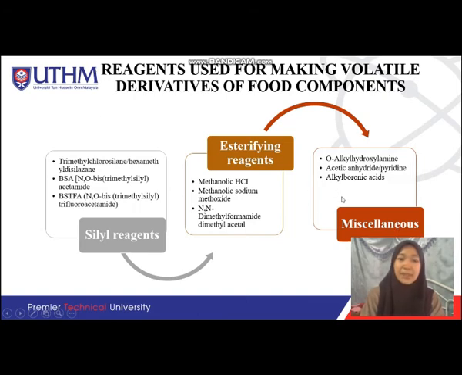Miscellaneous can be used for food constituents such as phenols, aromatic hydroxy groups, and alcohol. There are three examples of miscellaneous reagents, which are O-alkyl hydroxylamine, acetic anhydride, and alkyl boronic acid. So we can use any of these three types of reagent, depending on the types of food components that we use.